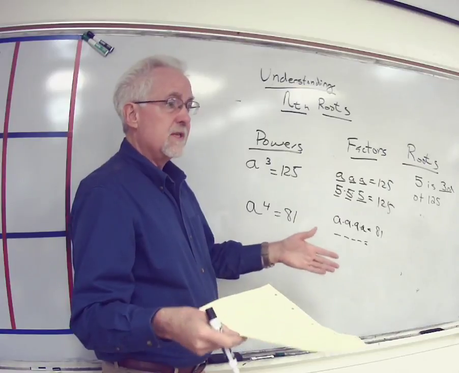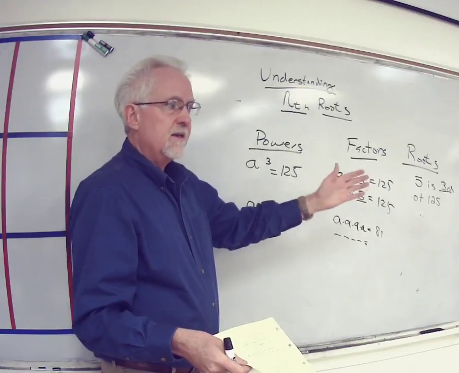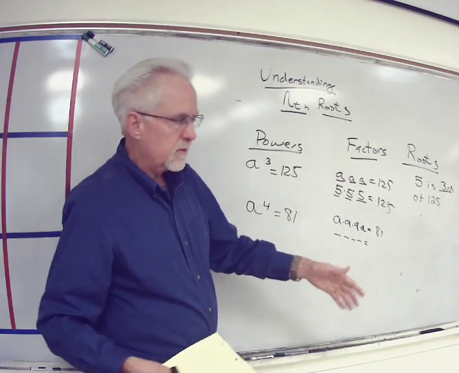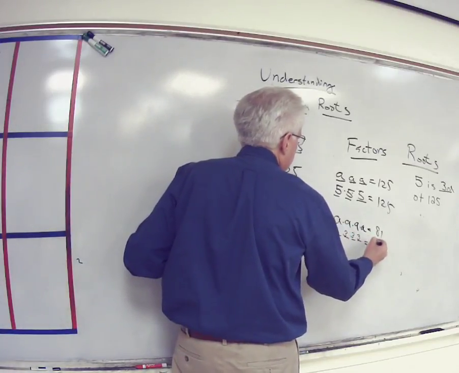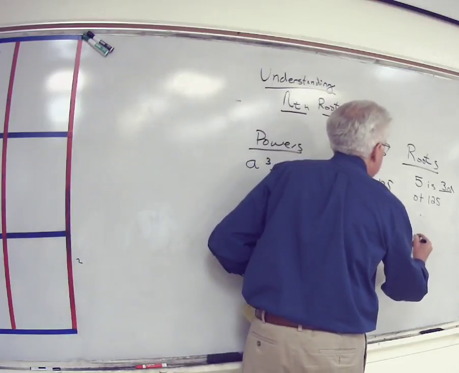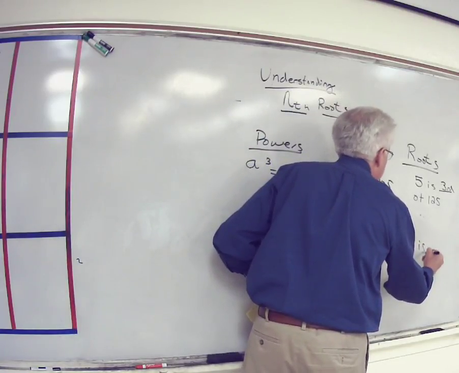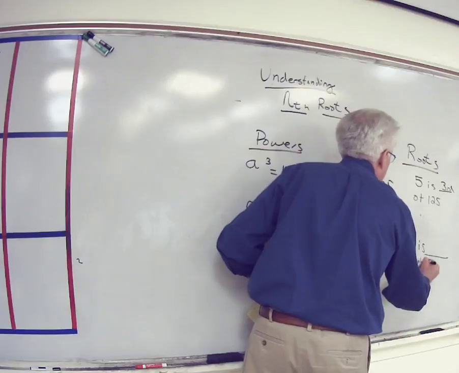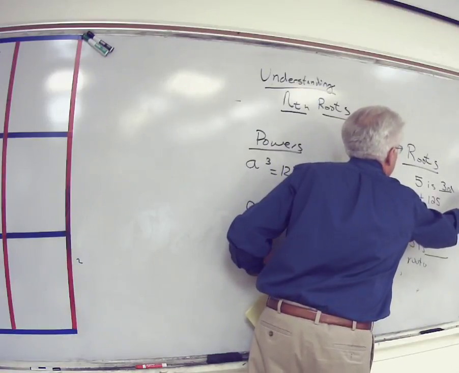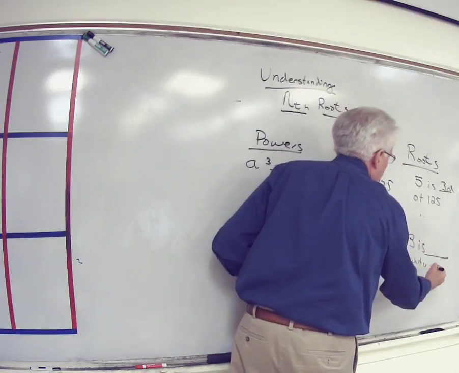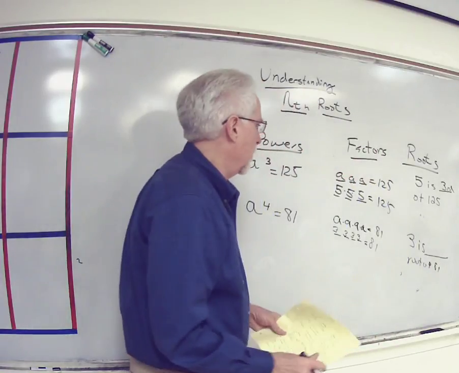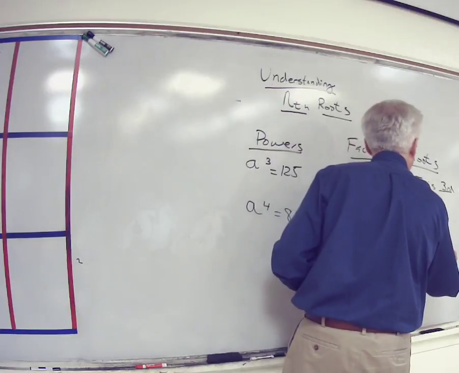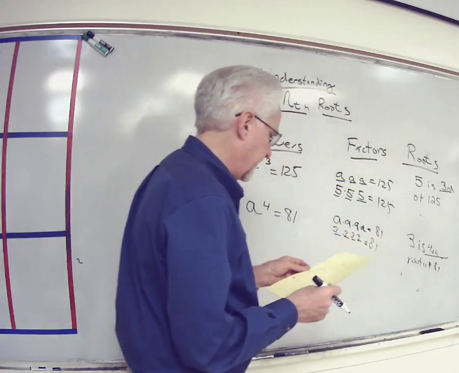Because you know 9 times 9 is 81, and 9 is 3 times 3, so I end up with 3 times 3 times 3 times 3 is 81. So 3 is the what root of 81? It's the fourth root of 81.